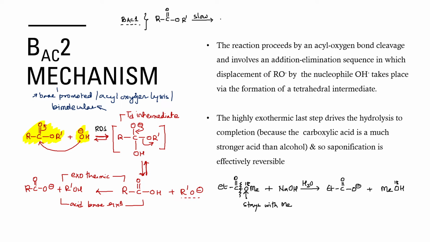In the slow step of reaction the acyl oxygen bond lysis should occur. So in the slow step of reaction I should be getting this. ये आराम से टूट जाना चाहिए. R dash O minus. This should happen. But this compound जो ester होता है, it is never that polar that it will split like this. This is not at all so very polar that an acylium ion will be generated.